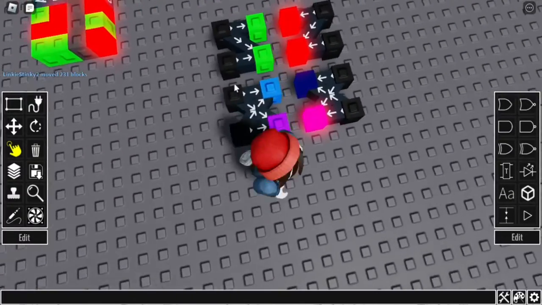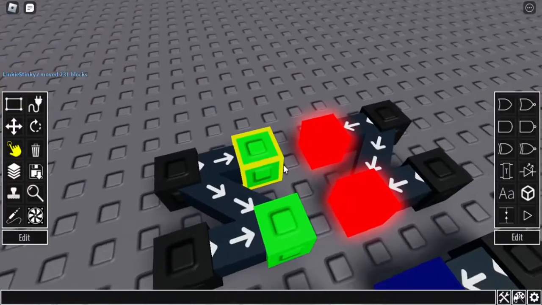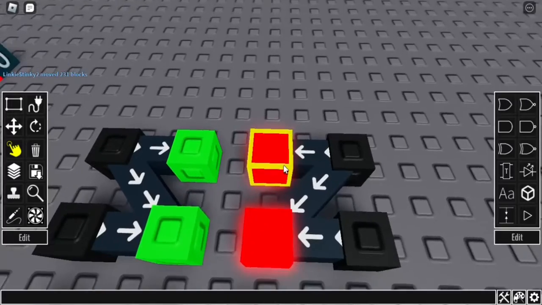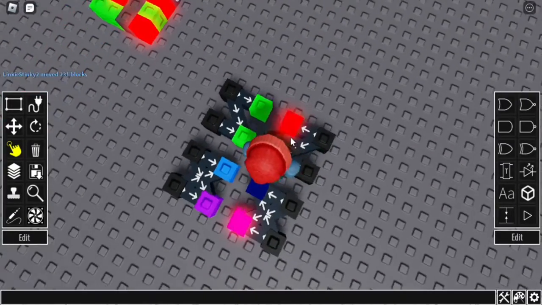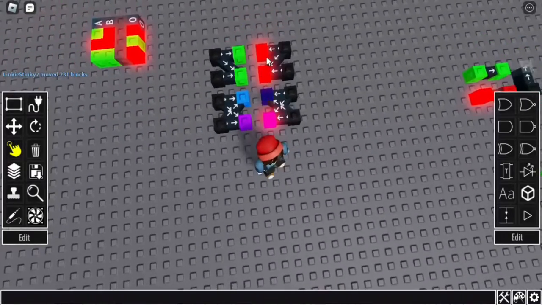A buffer would act like a single inputted OR gate, and the NOT gate, I already showed you guys this. But yeah, those are the 8 gates in Circuit Maker 2.